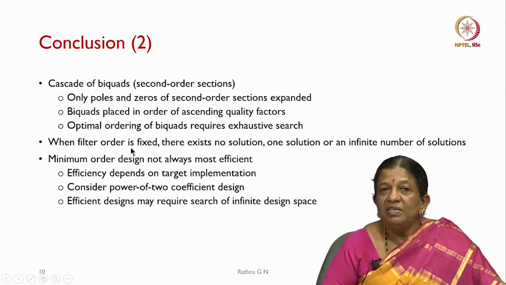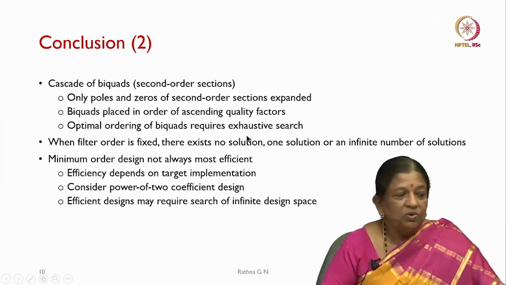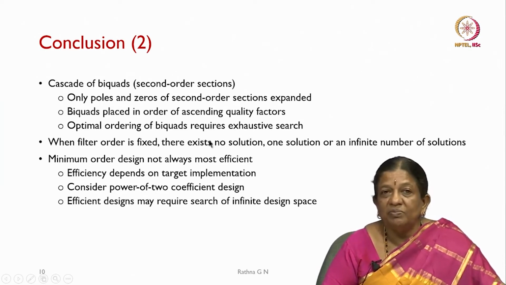Optimal ordering of biquads requires, that is what it says, an exhaustive search. When the filter order is fixed, there exists no solution, one solution or an infinite number of solutions. If you fix the order, we may not have a solution, or I may have one solution. This is the way I have to connect all of them. If it is second order, I do not have any choice, only one biquad section.